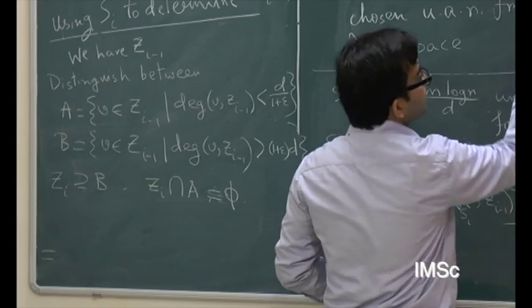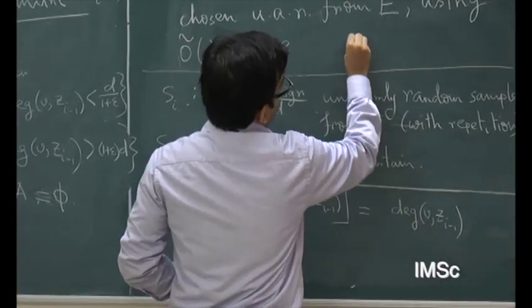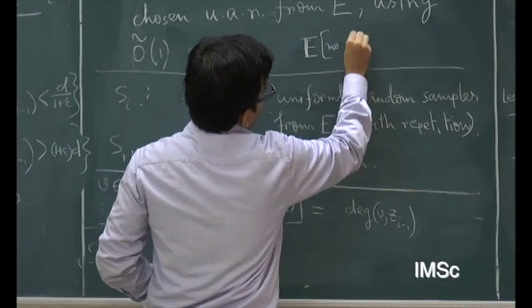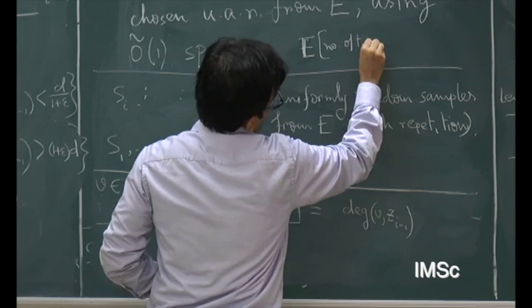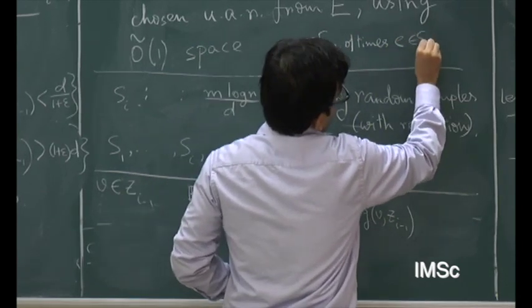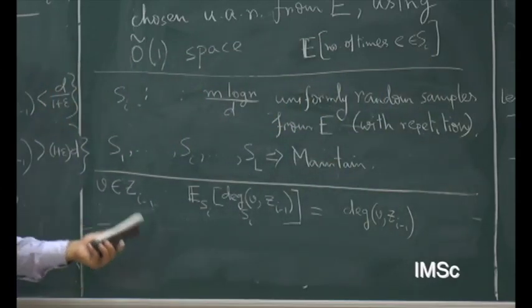I am asking you, fix an edge E, right? What is the expected number of times E appears in S_i? Log n by d.